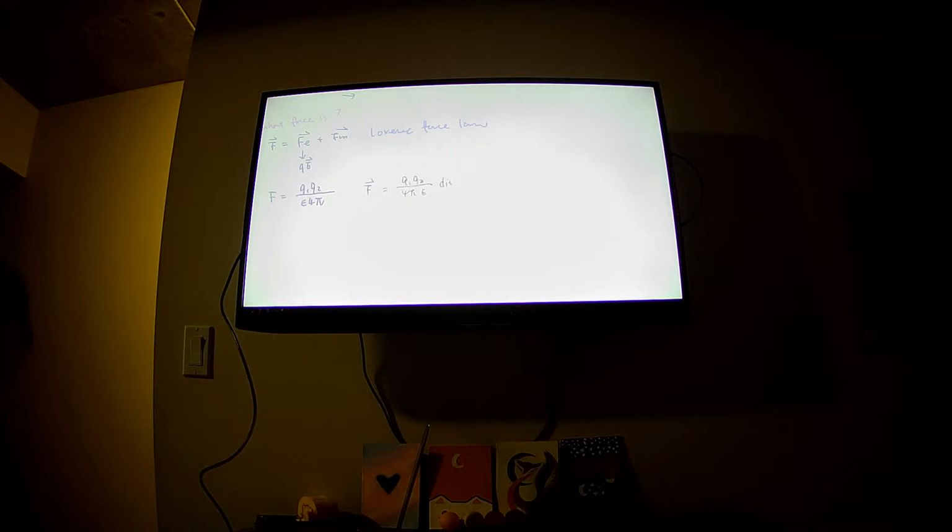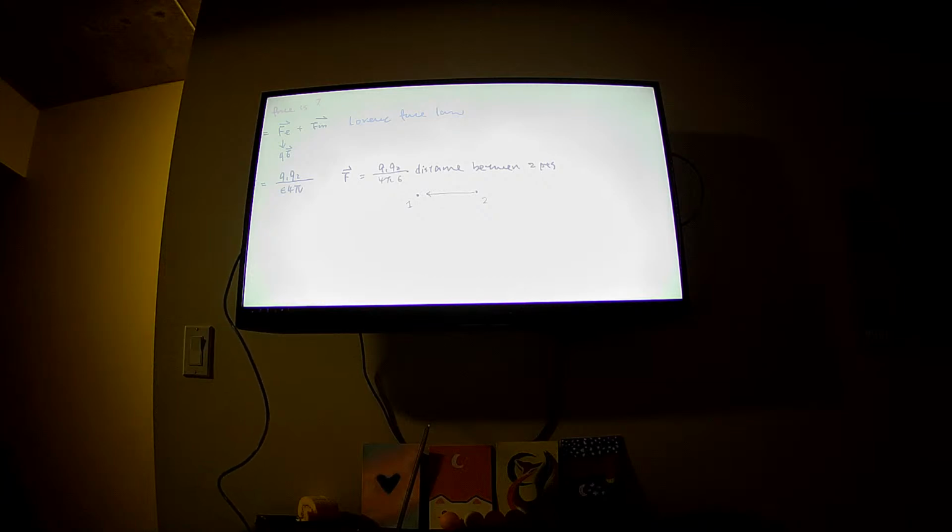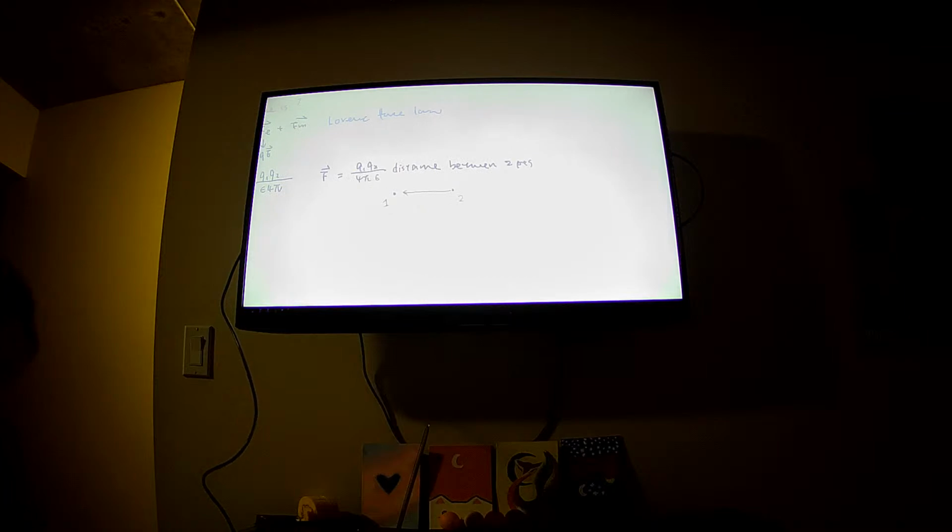Okay, so distance between two points. You would specifically say, I'm going to define a vector from my point 1 to point 2. How do I describe this? Let's say we can use position vectors: R1, R2.